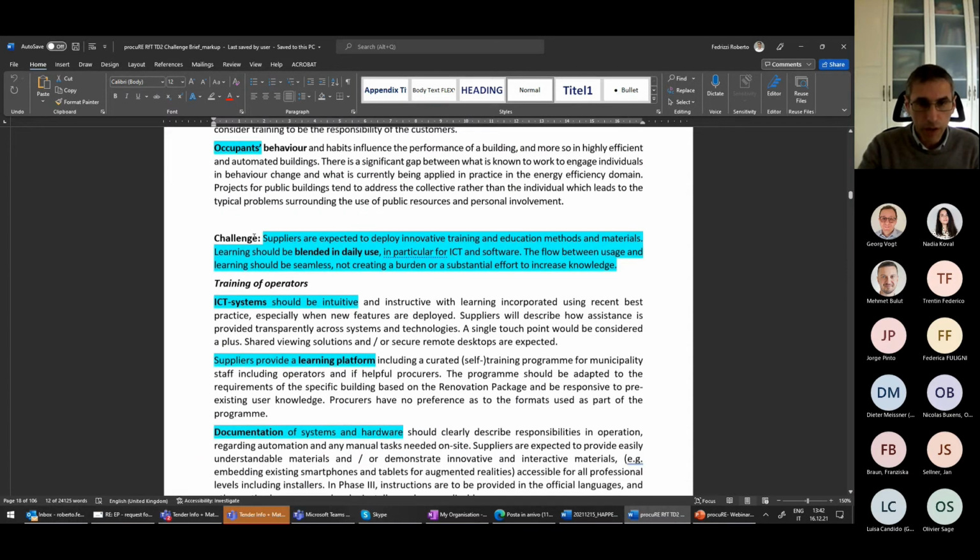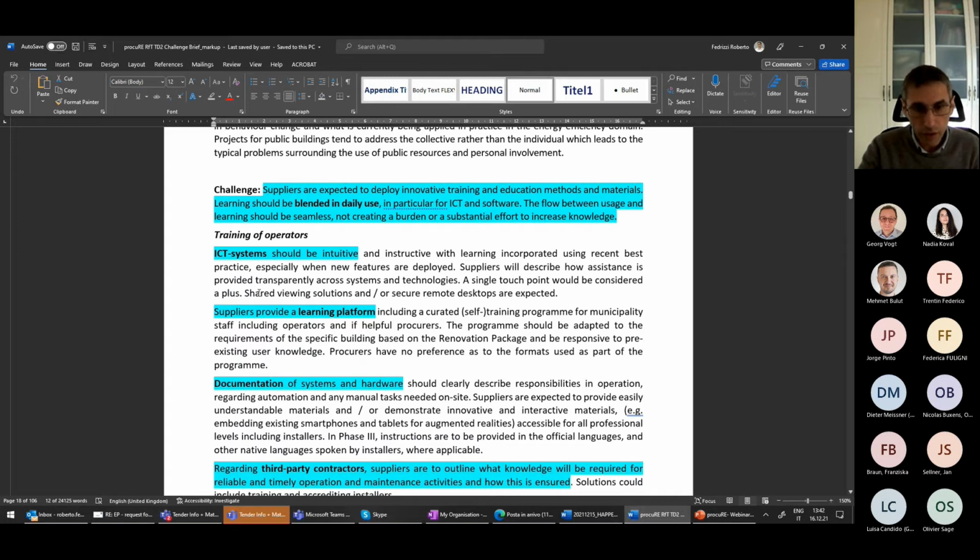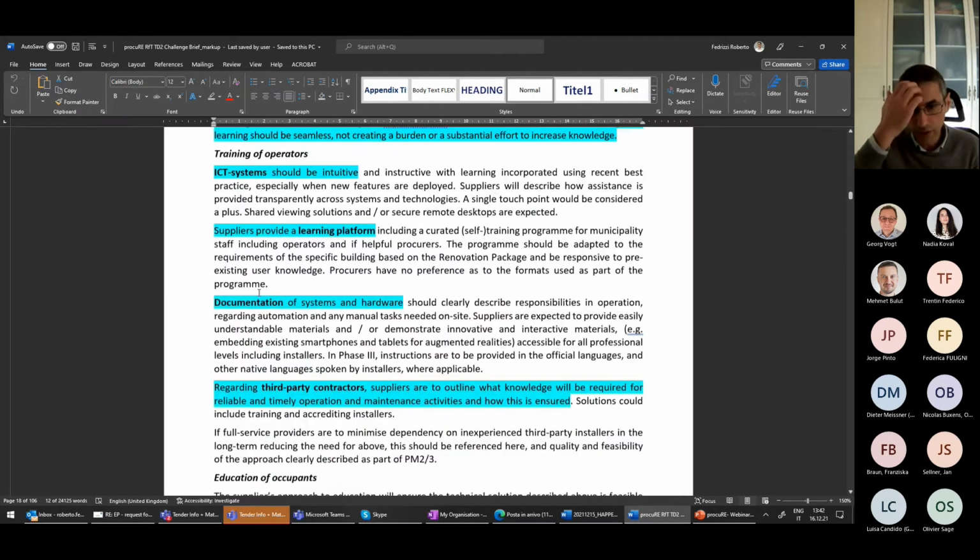Again, we don't ask suppliers, obviously, to train occupants and operators now, but we would like to have a strategy towards training and education already tackled as part of the overall approach in this initial phase.